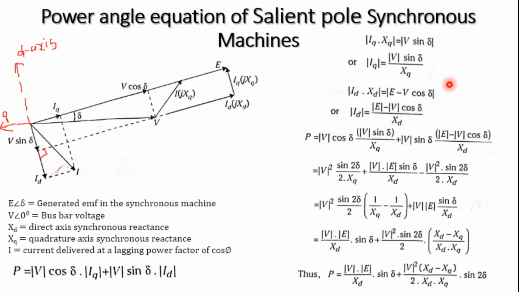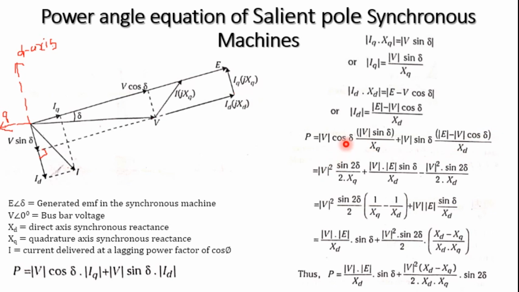Substitute these values, the values of IQ and ID, in this equation and do a simplification. So we know the IQ value is nothing but V into sine delta divided by XQ, and ID is nothing but E minus V cos delta divided by XD.